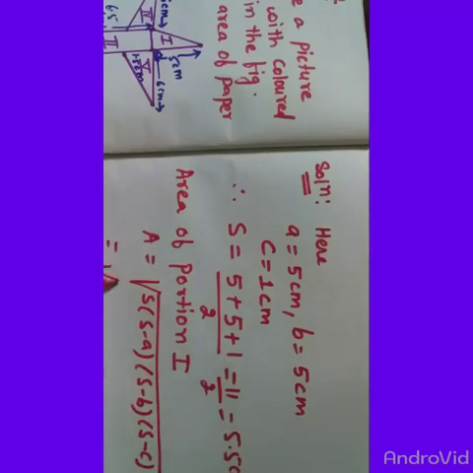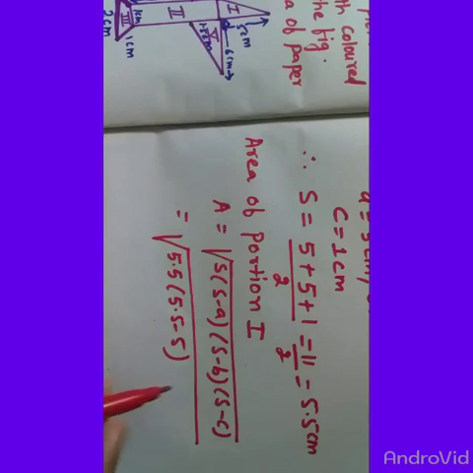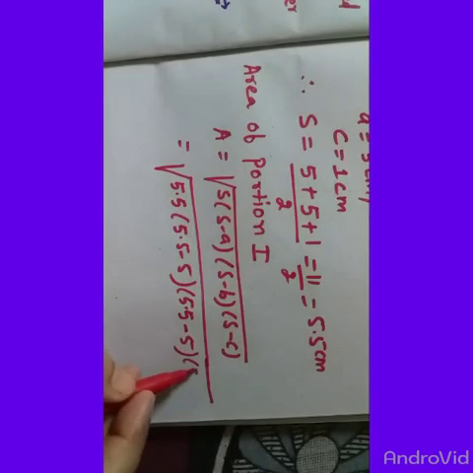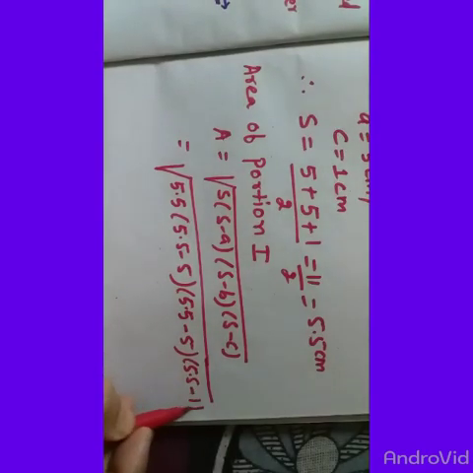So let us write 5.5 minus 5. Then 5.5 minus the second value, B, which is 5 again, and the third value is 5.5 minus 1.